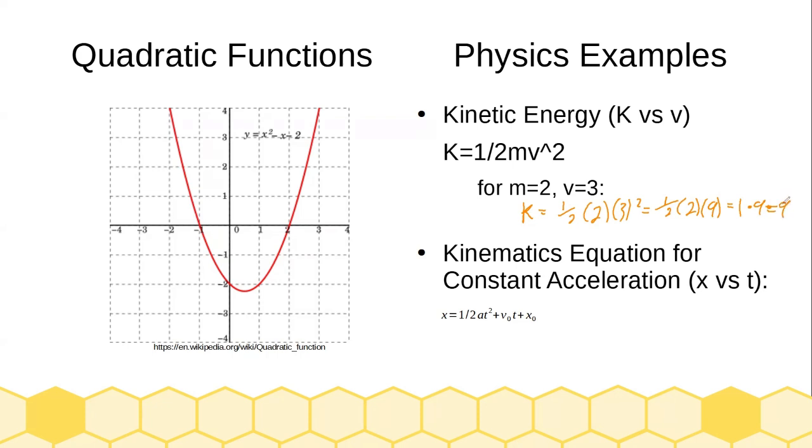That's basically what you see when you have this relationship where it's proportional to the variable squared. The function looks like this shape, which is called a parabola.